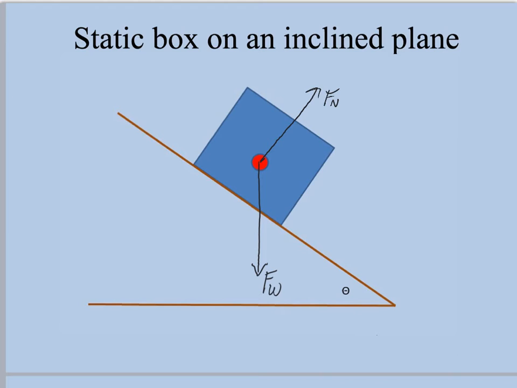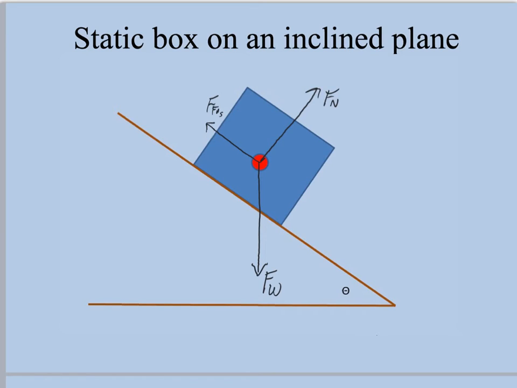Which means that we have a friction vector, and we know that friction must always go opposite the intended motion and parallel to the surface. Parallel to the surface and opposite the intended motion would be that direction. What type of friction is it? Well, it's not moving, so it's static friction.